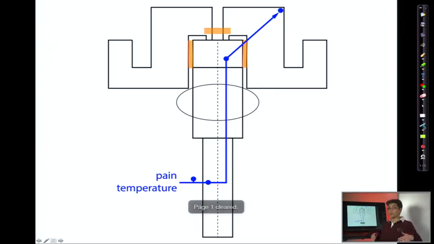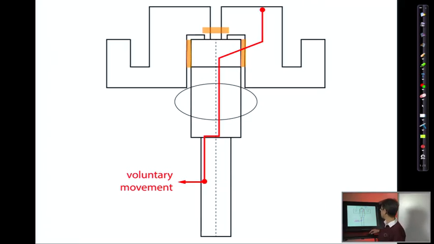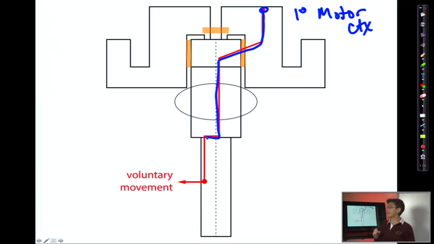Now let's look at the motor outflow from the central nervous system. Instead of starting in the primary somatosensory cortex, this starts in the primary motor cortex, and one neuron sends its axon all the way down, and then it crosses the midline where the spinal cord meets the medulla. Right at the beginning of the spinal cord is where it crosses.